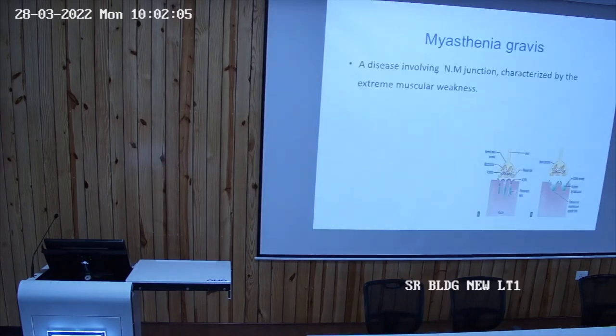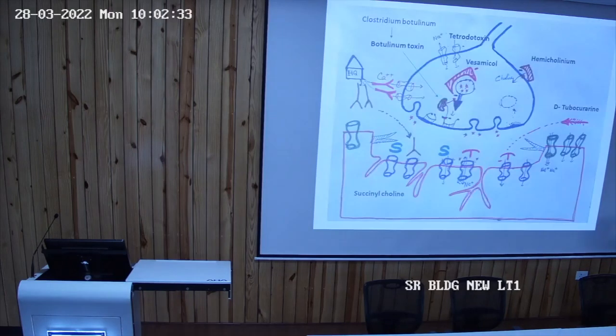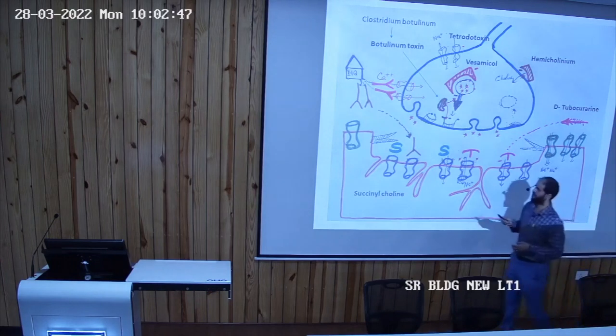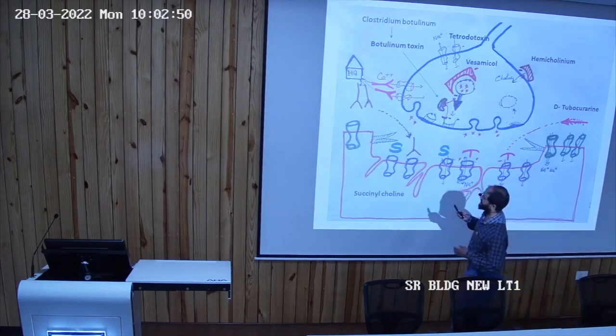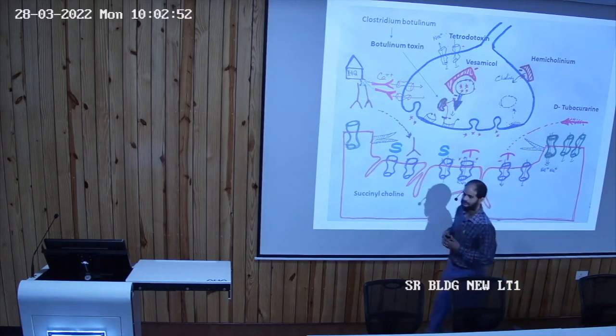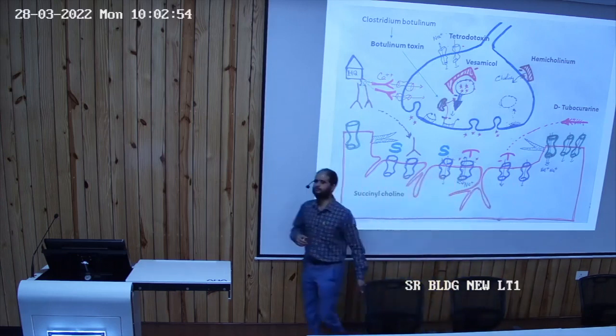Some point of myasthenia gravis. So what happens is that this is the immune headquarters. Suppose this is where antibody is being produced, the immune headquarters. Something went wrong in the immune machinery, and it starts producing some auto-antibodies.